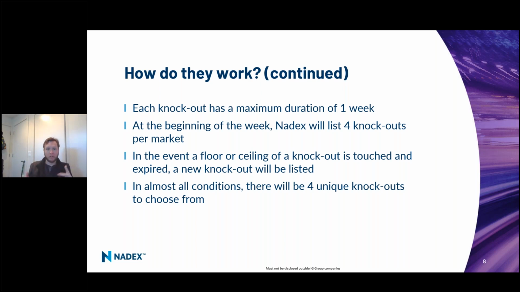When one of those knockouts gets knocked out, when the underlying market hits either the floor or the ceiling, the contract knocks out, and immediately Nadex will automatically list another knockout contract. So you have the top one, it goes up and knocks out. Immediately, there will be another contract listed. Except in very, very rare scenarios, there should almost always be 4 knockouts trading for each underlying market.